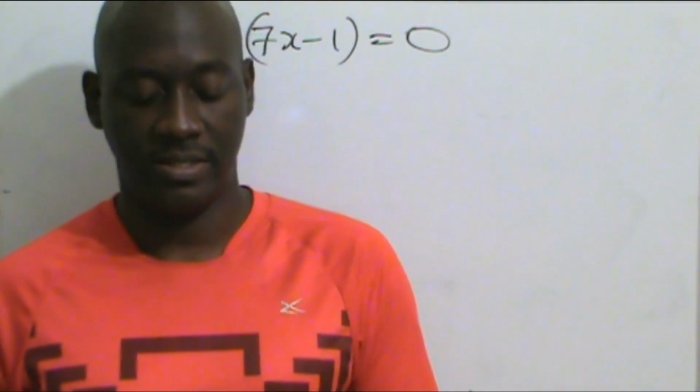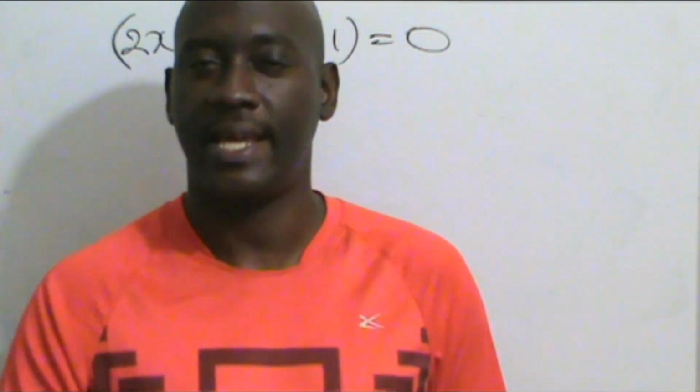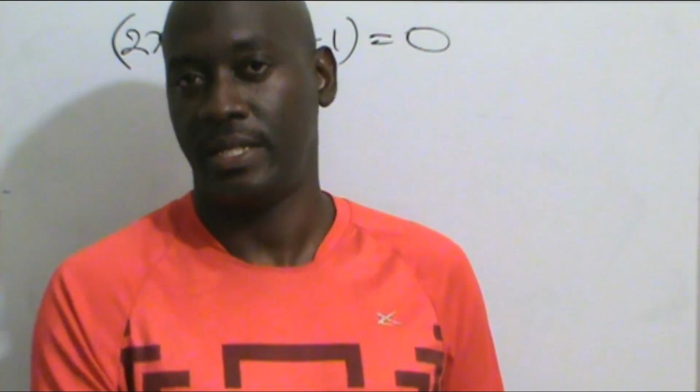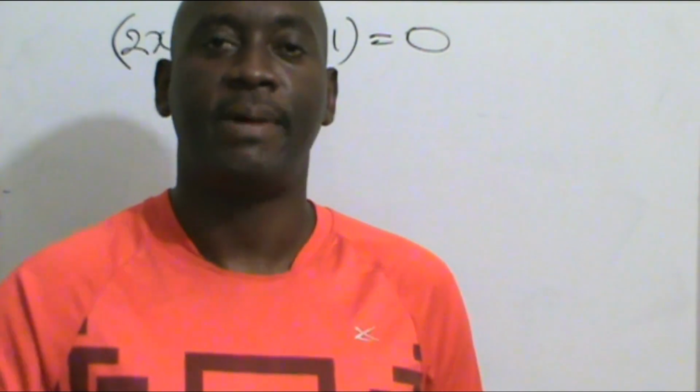Alright? So whereas in the example a while ago we had x squared plus 5x minus 36, which we then had to factorize to get x plus 9 and x minus 4. And then using the zero logic, we said that either x plus 9 is equal to 0, in which case x is equal to minus 9, or x minus 4 is equal to 0, in which case x is equal to plus 4.